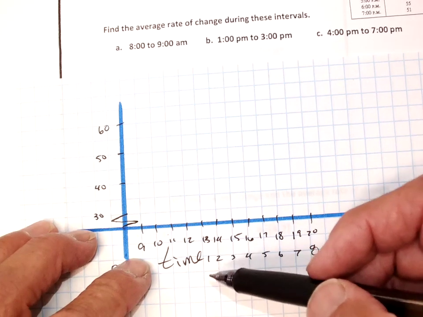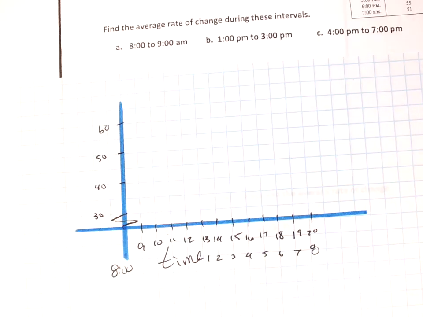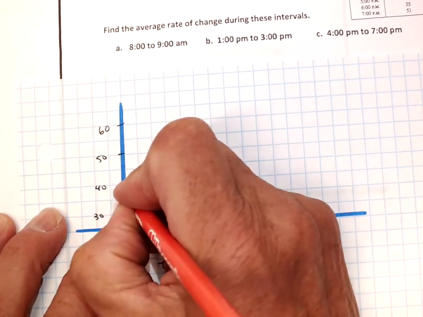So let's do a scatter plot real quick. 8 o'clock, it's 38 degrees, so I'll guesstimate. Put a point there. Okay, 38.